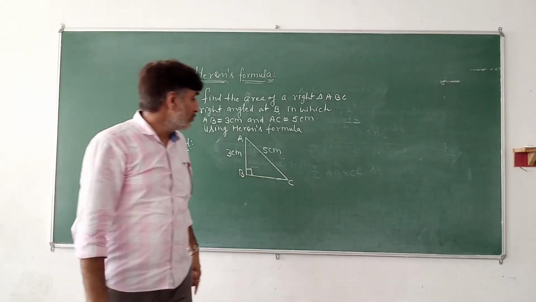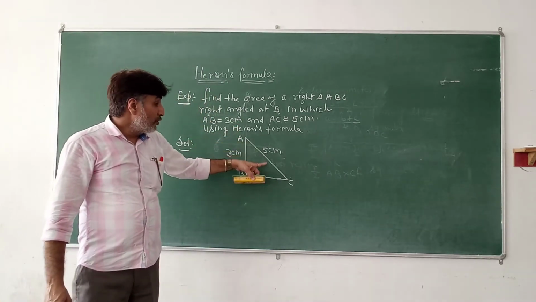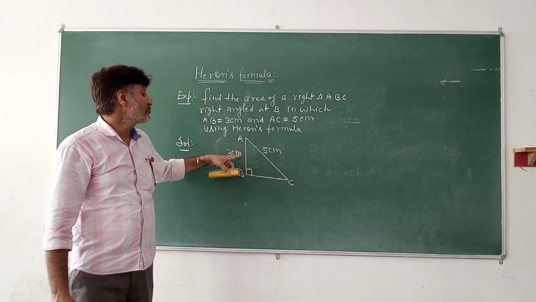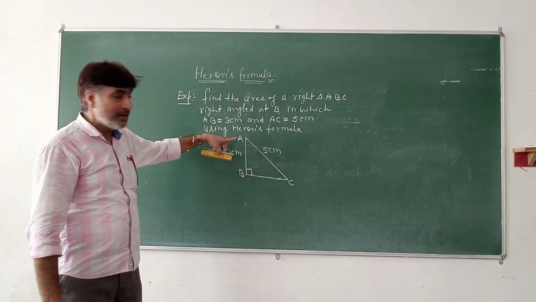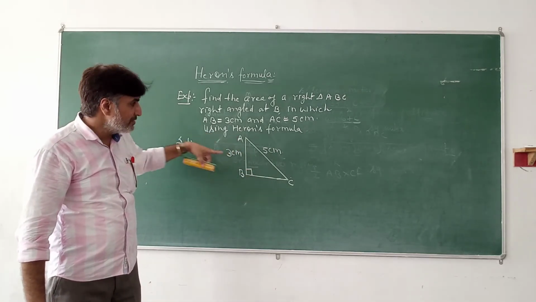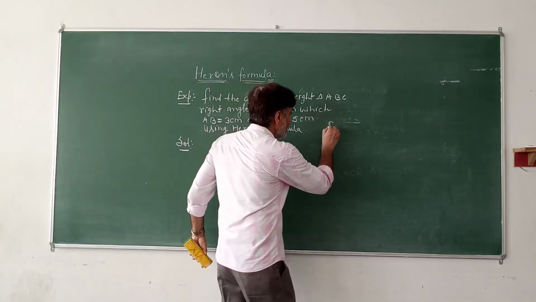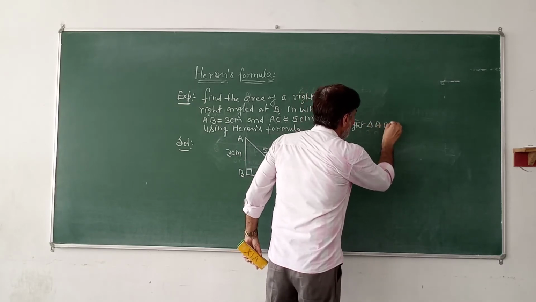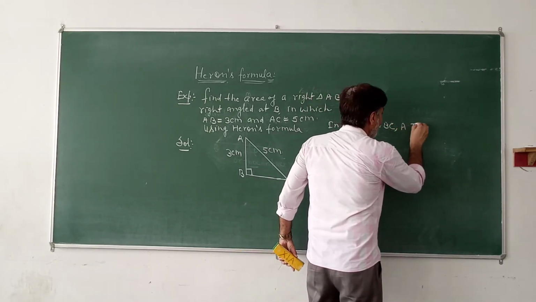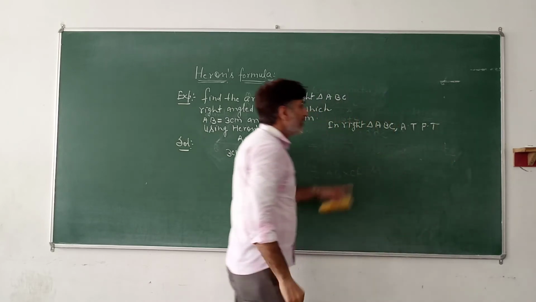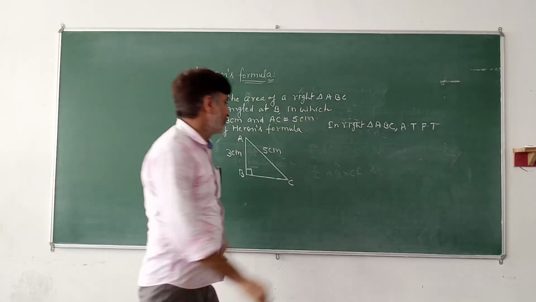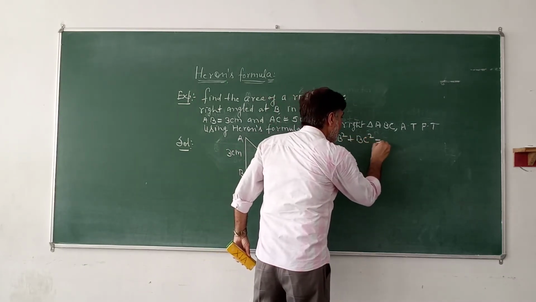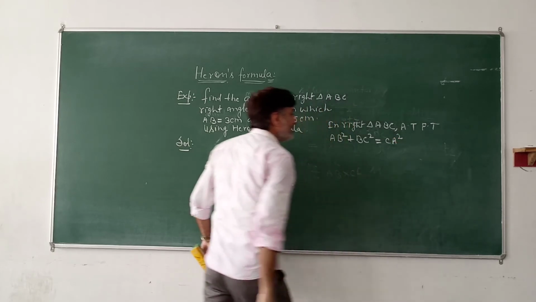According to Pythagoras theorem, the square of the longest side, the hypotenuse, equals the sum of squares of the other two sides. So in this right triangle ABC, according to Pythagoras theorem, AB square plus BC square equals AC square.